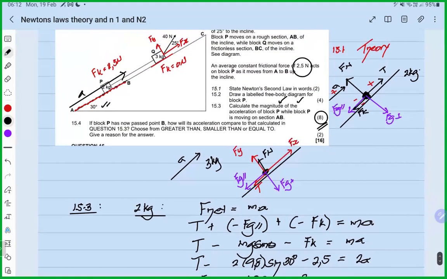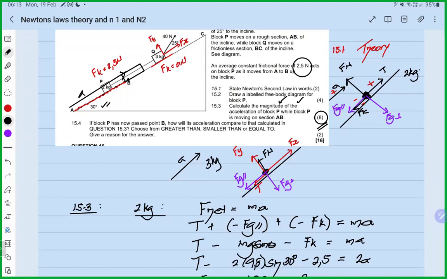If block P has now passed point B, there is no friction on it because P is going to be somewhere there. There's no friction on it now. How will the acceleration compare to that calculated in 15.3?